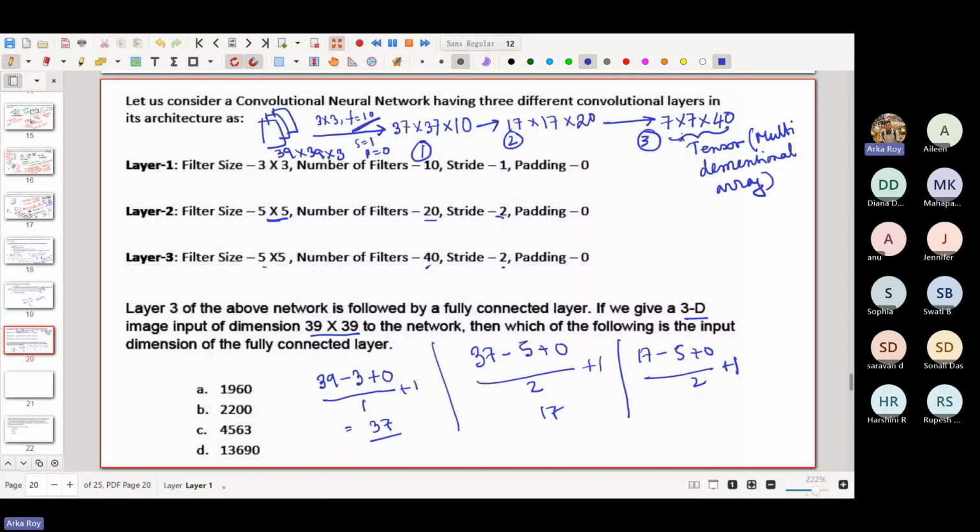But this output, you cannot directly feed it to the fully connected layer. So what do we have to do to feed it to the fully connected layer? What operation do we have to do before feeding it to the fully connected layer?